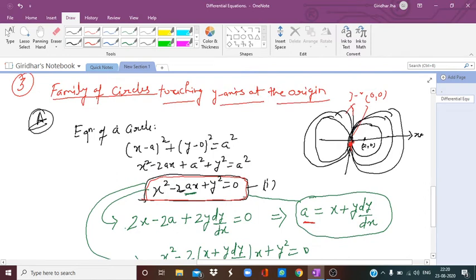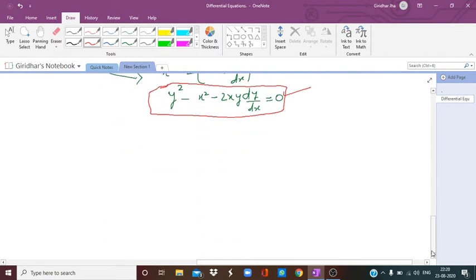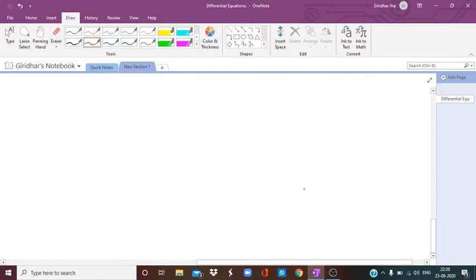Correct? Now we'll move to our next problem. Look at this.